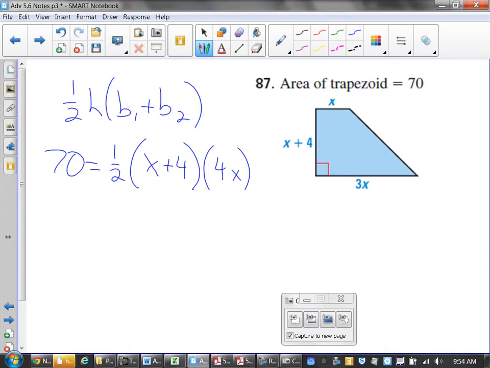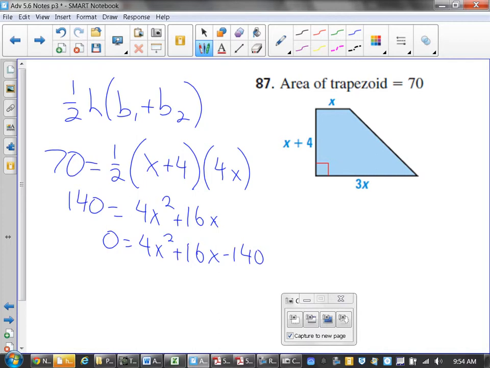I would just multiply by 2. I get 140 is 4x squared plus 16x. Subtract the 140 and go that way. Okay? Does that make sense? Yeah, I set it up right.